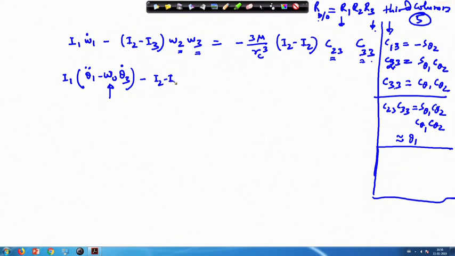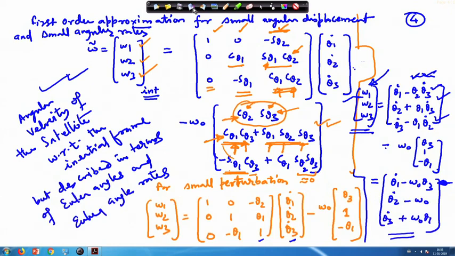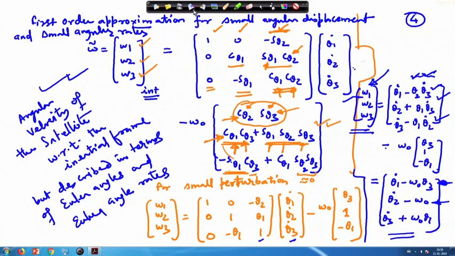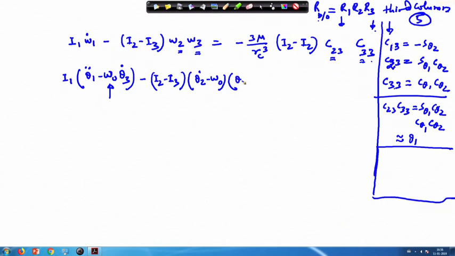So, I 2 minus I 3 times omega 2. Omega 2 again we go back and look here in this place, this is your omega 2, theta 2 dot minus omega 0. So, this is theta 2 dot minus omega 0 and omega 3 dot with this quantity theta 3 dot plus omega 0 times theta 1. So, this is the part here.